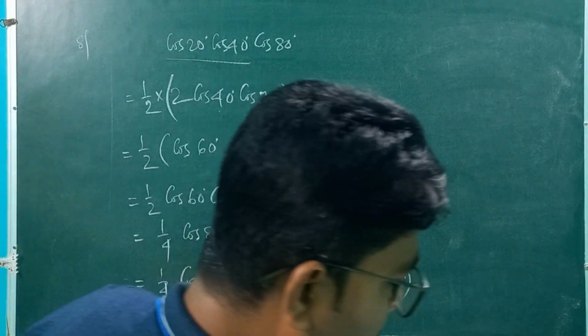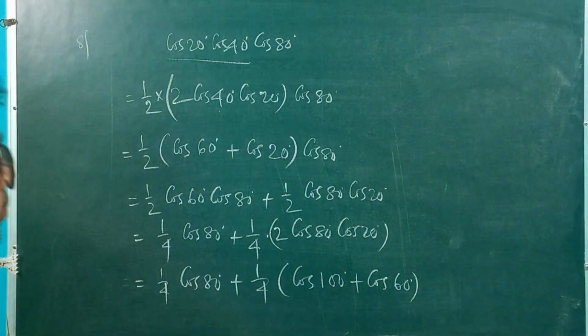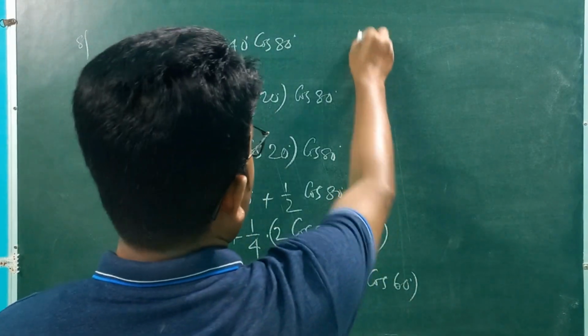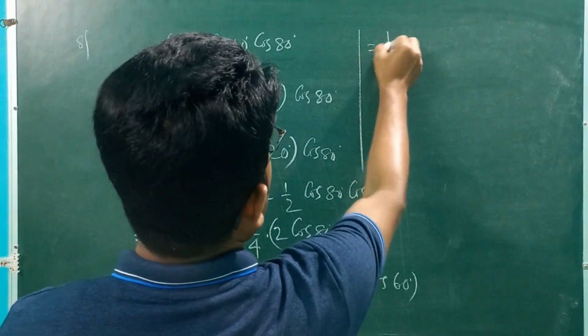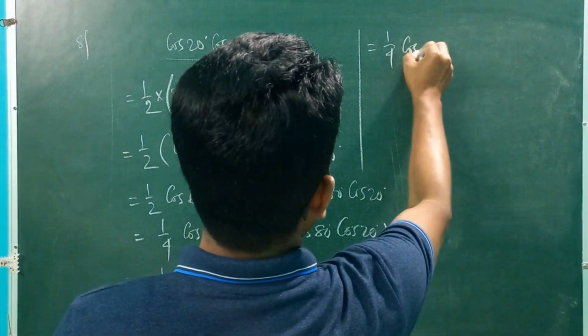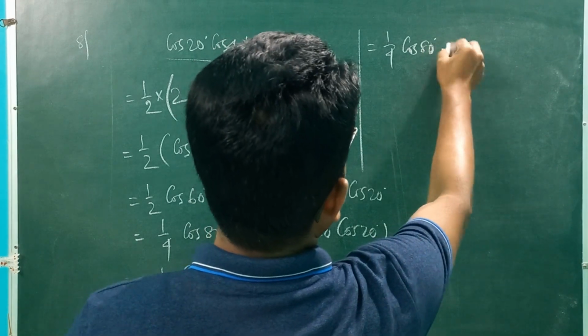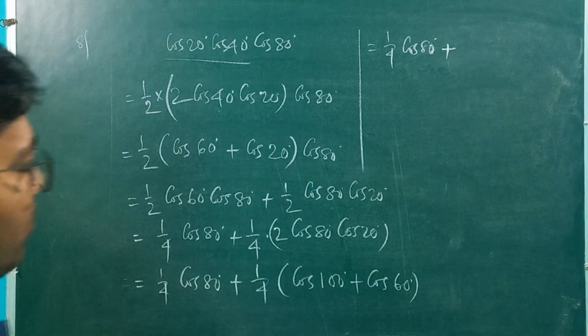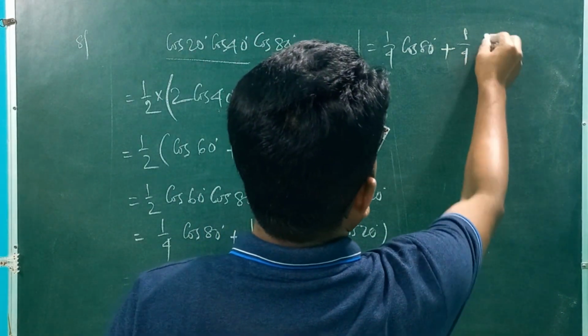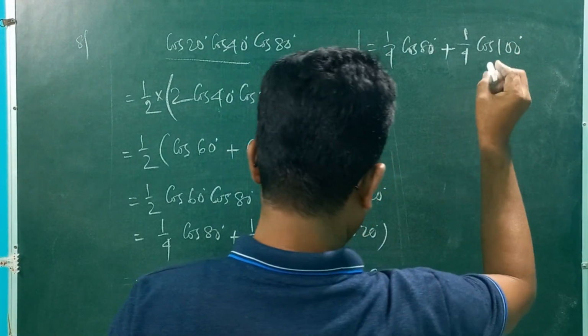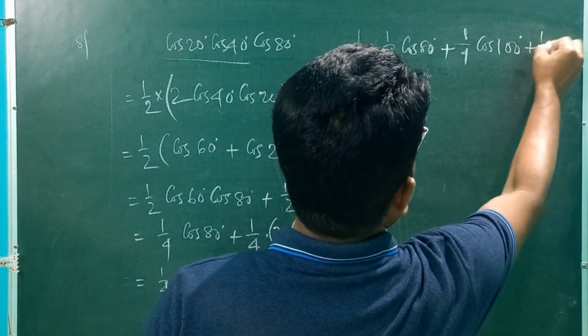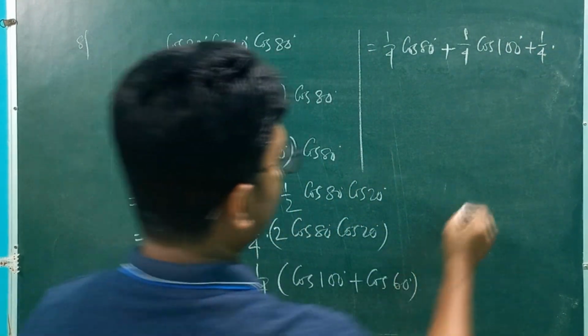Multiply them: 1 by 4 cos 80 plus 1 by 4 cos 100, plus 1 by 4 cos 60, and cos 60 means half.